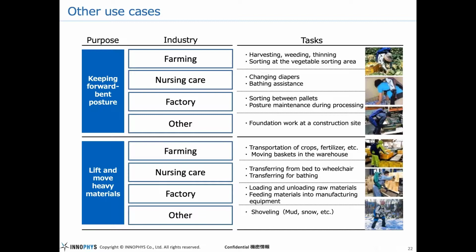In the factory, loading and unloading raw materials, which are very heavy, and feeding materials into manufacturing equipment, etc. And also shoveling, especially in mud or snow, is very heavy. So in those scenes, snow and mud, Muscle Suit helps to reduce the burden.